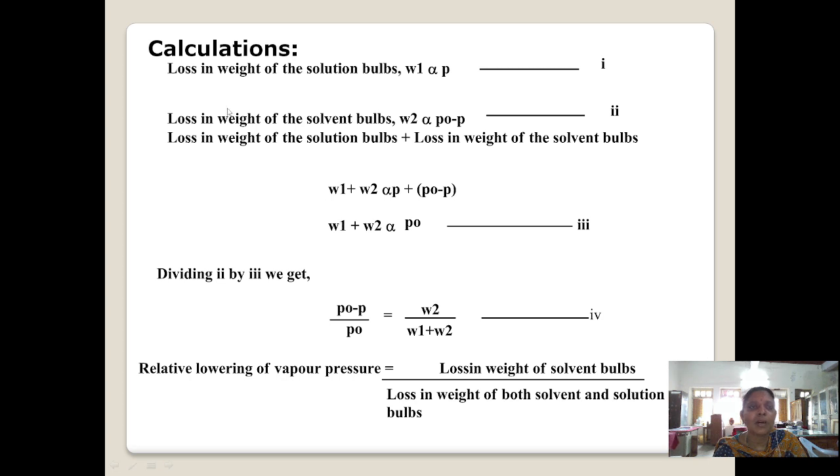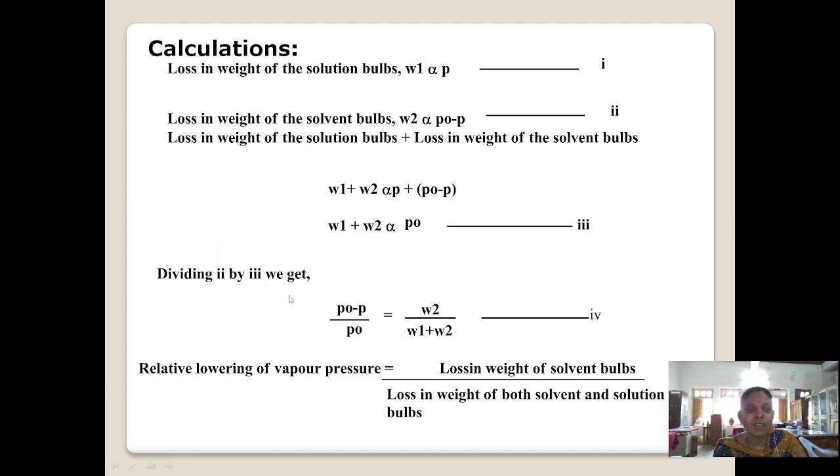Then coming to the calculation part, the loss in weight of solution bulbs, that is W1, is directly proportional to P, and the loss in weight of solvent bulbs, that is W2, is directly proportional to the lowering of vapor pressure, that is P0 minus P. Then the loss in weight of the solution bulbs plus solvent bulbs is W1 plus W2, which is directly proportional to P plus P0 minus P. Then W1 plus W2 is directly proportional to P0, because plus P and minus P get cancelled, and we get that the loss in weight is directly proportional to the vapor pressure of the pure solvent.